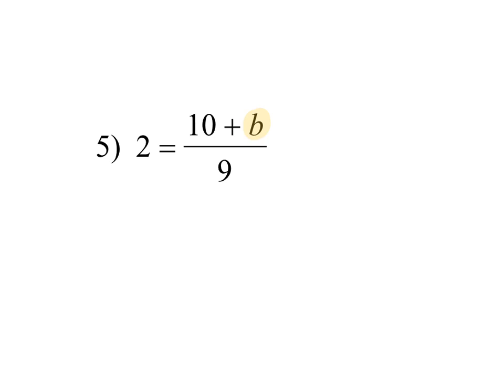So what is happening underneath that whole thing? The whole thing is being divided by 9. Before you can get b by itself, you got to get 10 plus b by itself. So to undo dividing by 9, you would want to multiply. So 9 times 2 equals 18, which is equal to 10 plus b.